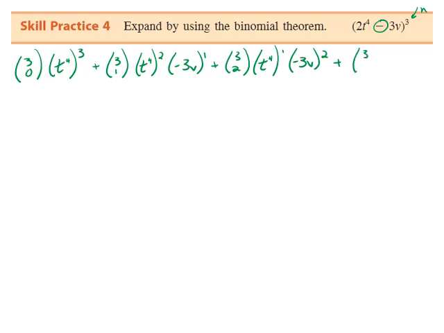And then the last term, I know this is the last term because I have 3 choose 3. I can't take 3 choose 4, that's just not possible. And this will be negative 3v cubed.